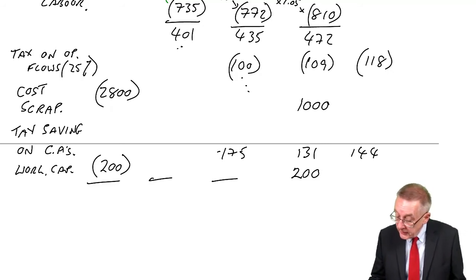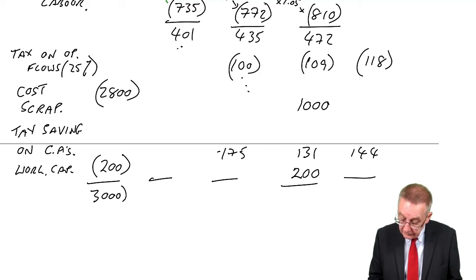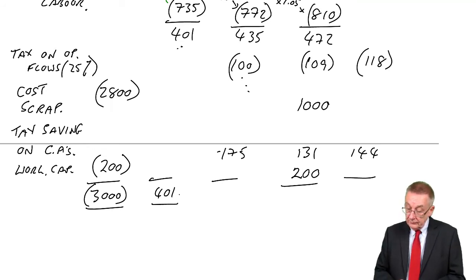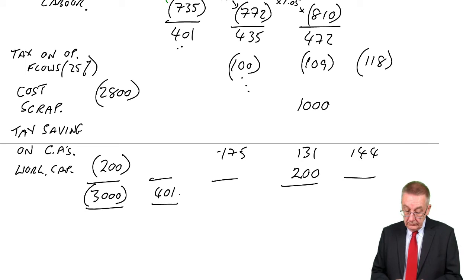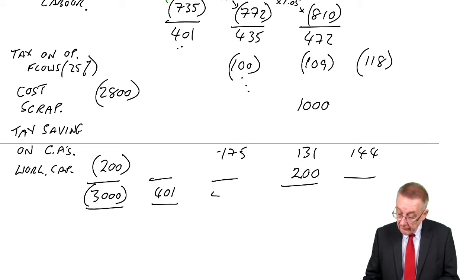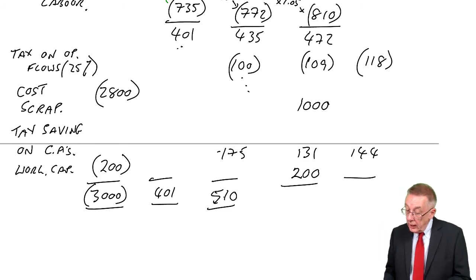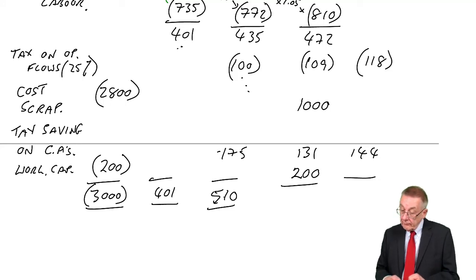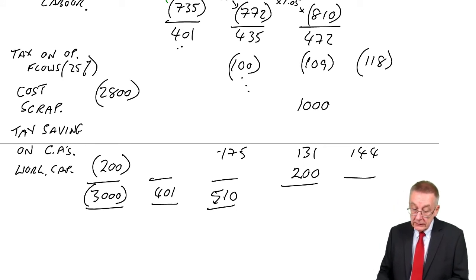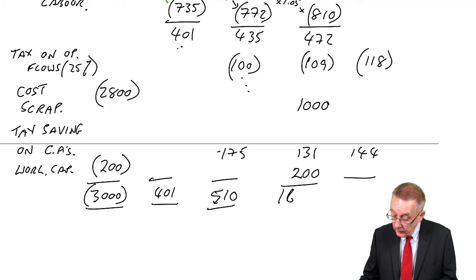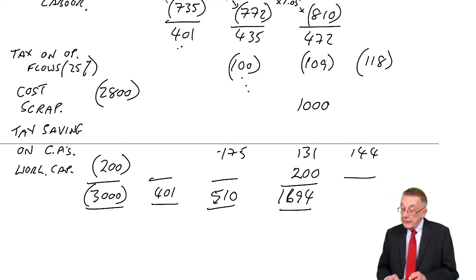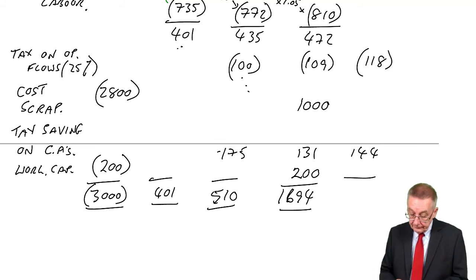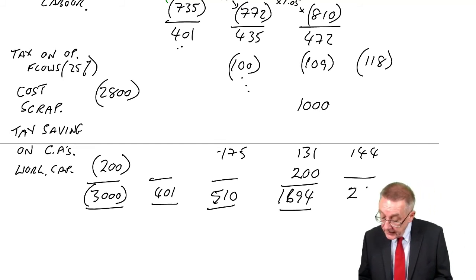So, what are the net cash flows? Inflow 401, inflow 510 at time 3, 1,694, and finally at time 4, 26.